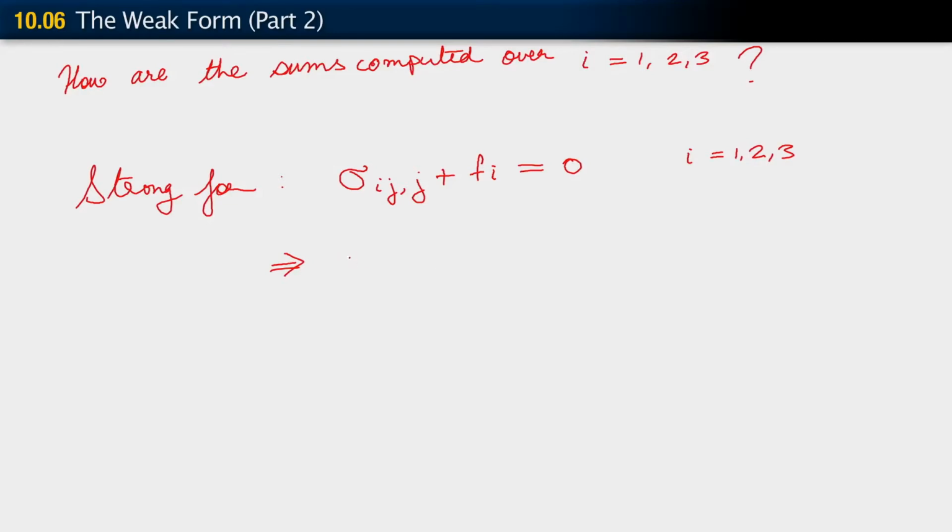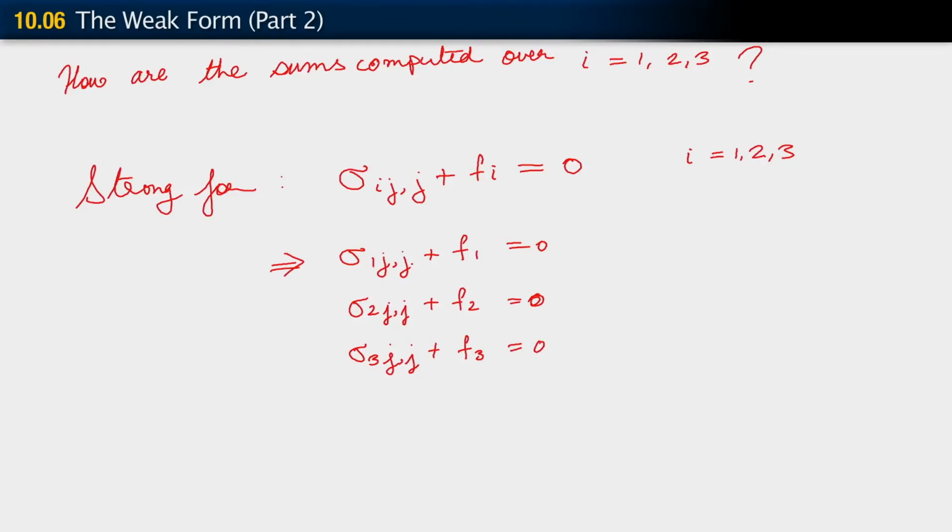3 separate equations, and I'm going to write them out explicitly: sigma 1j comma j plus f1 equals 0, sigma 2j comma j plus f2 equals 0, sigma 3j comma j plus f3 equals 0.